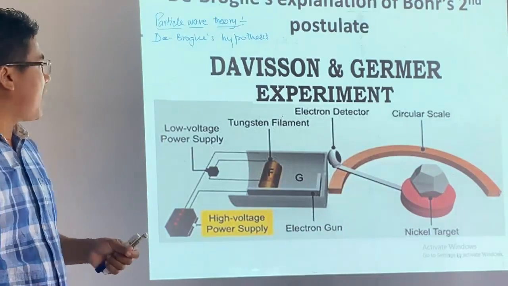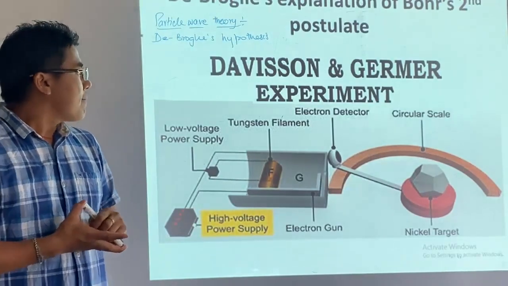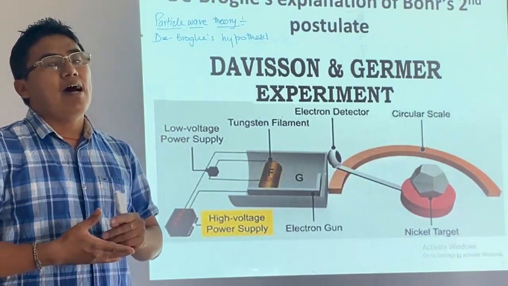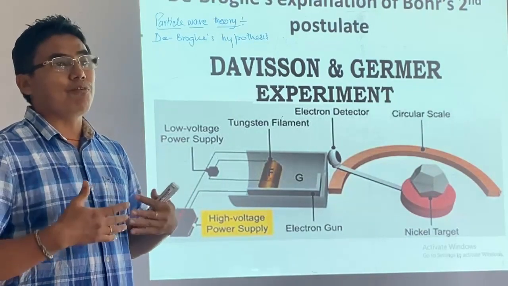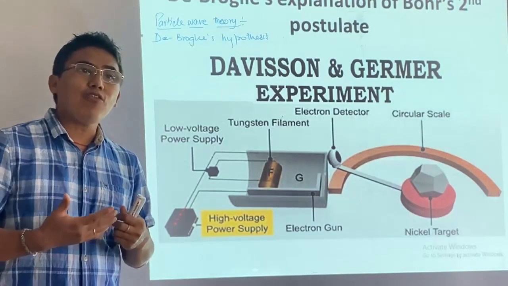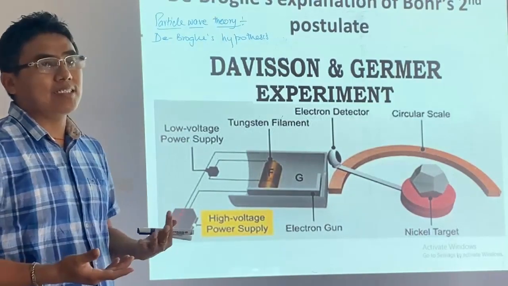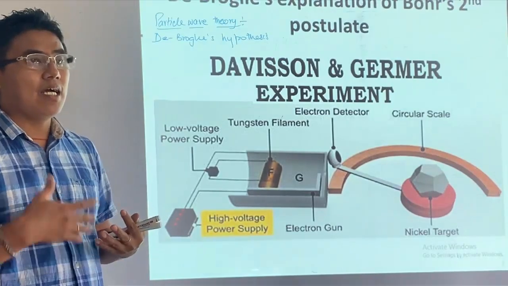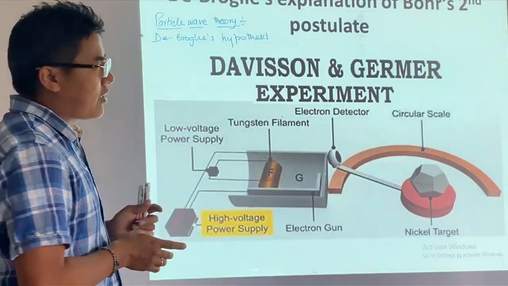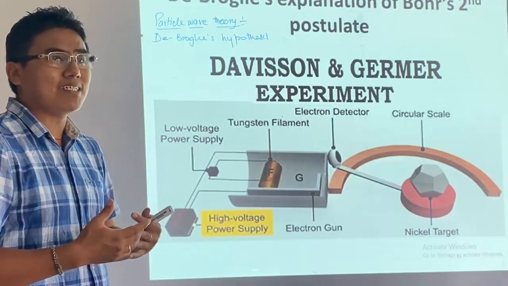The de Broglie hypothesis was experimentally confirmed by two scientists, Davisson and Germer. This is the experimental setup. The Davisson and Germer experiments confirmed that yes, the electron has wave nature, and the wavelength of electrons is exactly what de Broglie found, the wavelength of an electron going around the nucleus, or of any matter having some momentum.